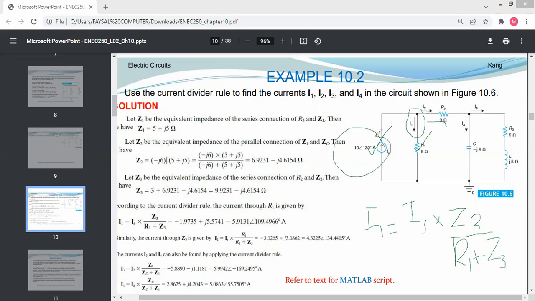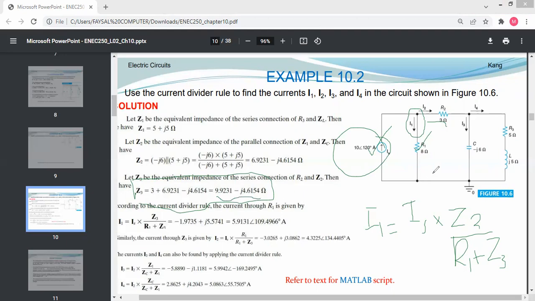Now what is the value of Z3? Z3, I find the value using this. Oh, sorry, I have to erase it. Okay, this one. So this is the value of Z3, that is 9.923 minus j 4.6154.